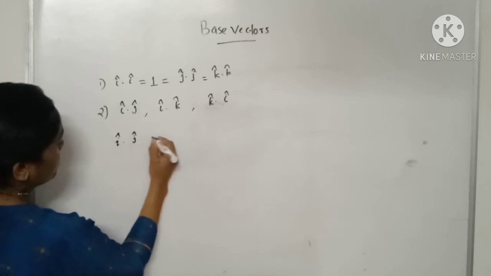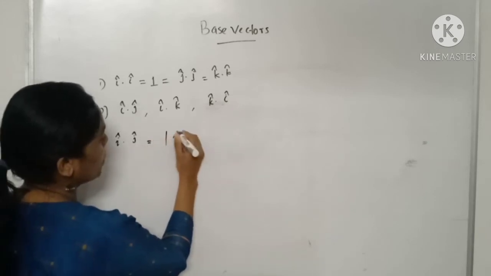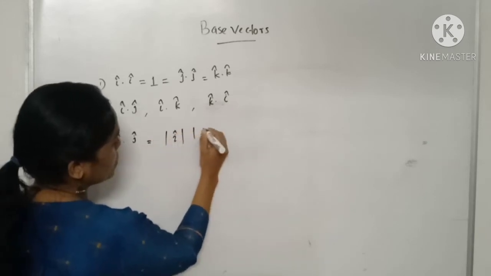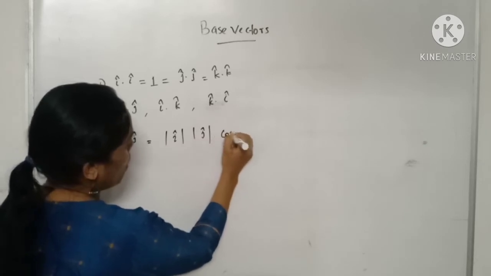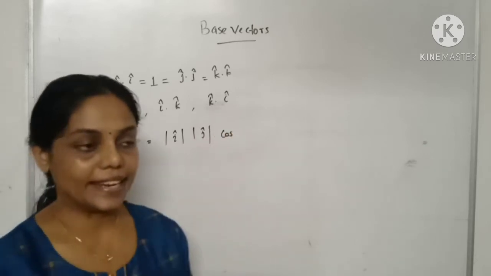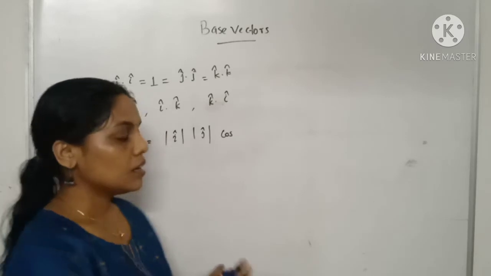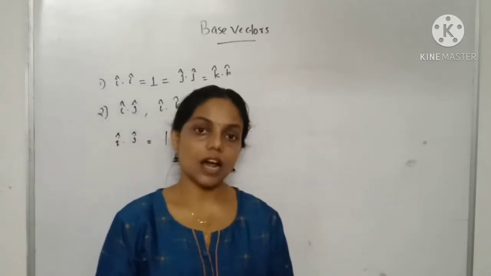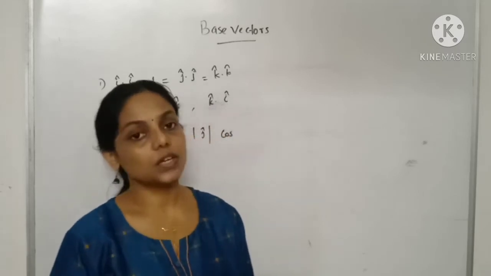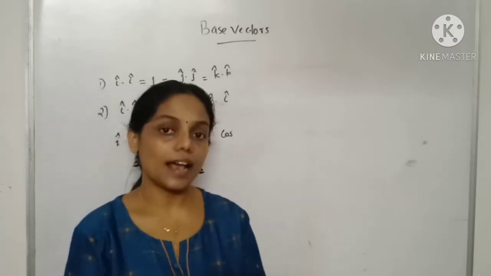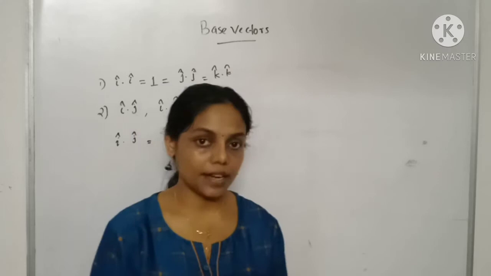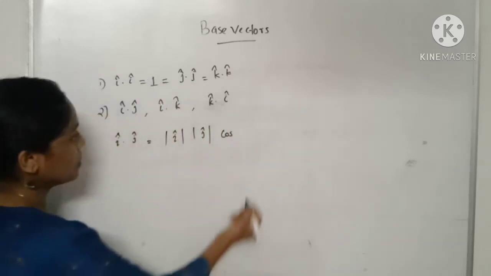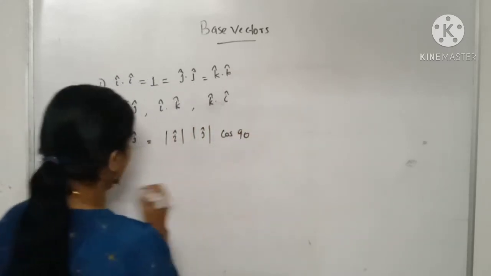It is equal to modulus of i into modulus of j into cos of the angle between i and j. Base vectors, or orthogonal unit vectors, are perpendicular to each other. Therefore, the angle between i and j is equal to 90 degrees. Therefore, here we will get cos 90.